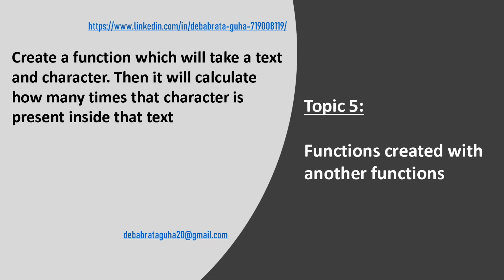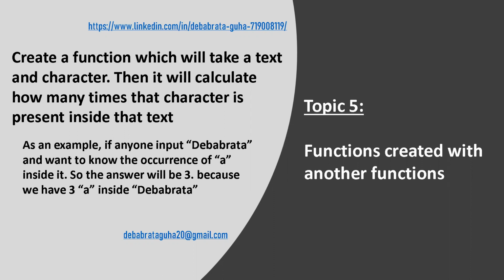Someone asked me how to find the occurrence or the frequency of a character inside a text. Suppose as an example, if you take my name Devabrata, what will be the occurrence of a, or what will be the frequency of a inside my name? So it will be 3, because there are three a's inside my name.